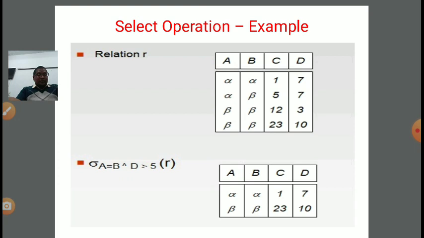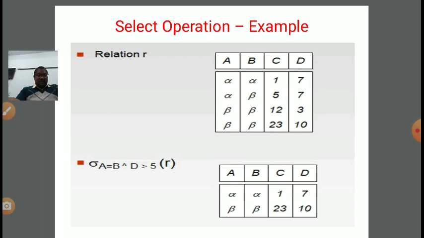If you see, in the first row alpha alpha, and in the third and fourth rows beta beta. So with the first condition A equal to B, the first row is satisfied; in the second row alpha equal to beta is wrong; beta beta, beta beta. According to the first condition, the first, third and fourth rows are selected, but D should also be greater than 5. In the first row it is accepted because 7 is greater than 5.